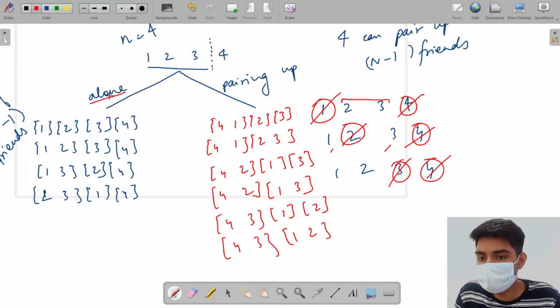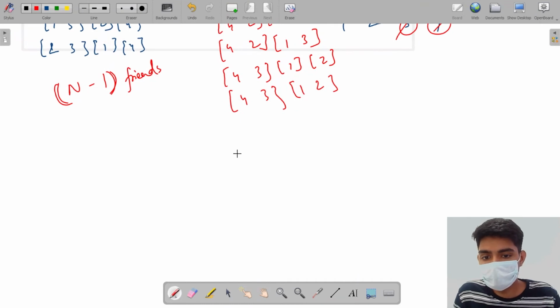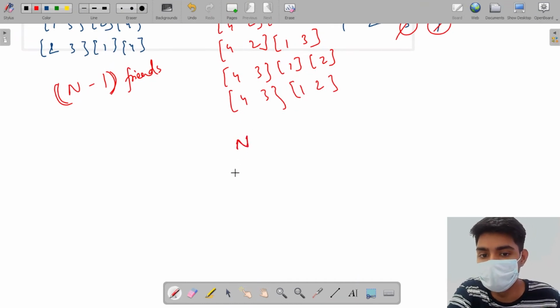We see that if 4 is going alone, it is dependent on n minus 1 friends, right? If 4 is pairing up, or if let's say this is for n, right?